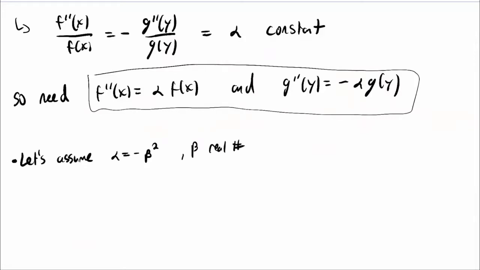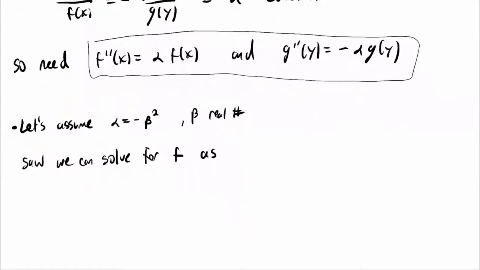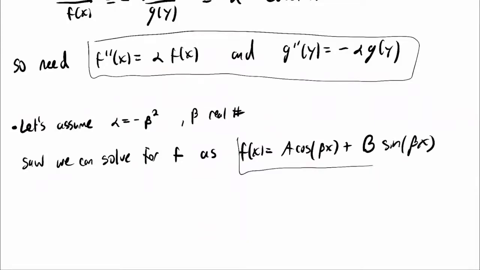In this case, we saw that we can solve for f in the following way: the general solution is given by f of x is some number a times cosine of beta x plus some number b times sine of beta x. And so this is a good candidate for our function f.